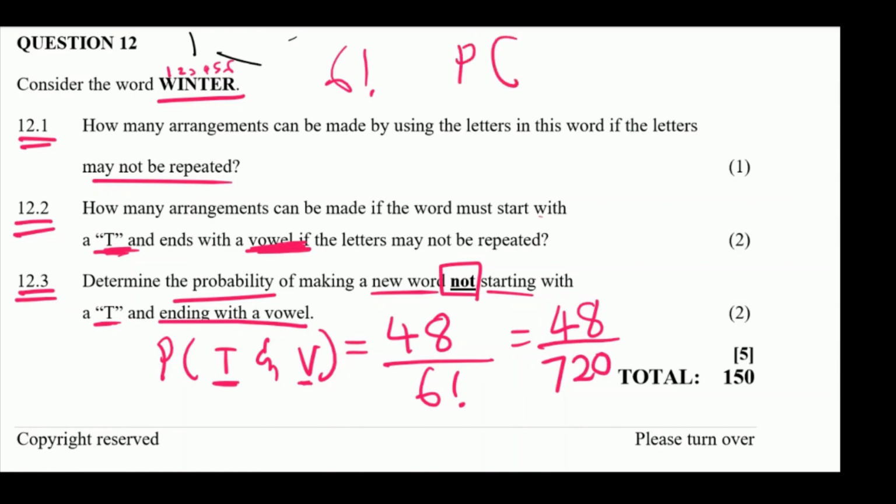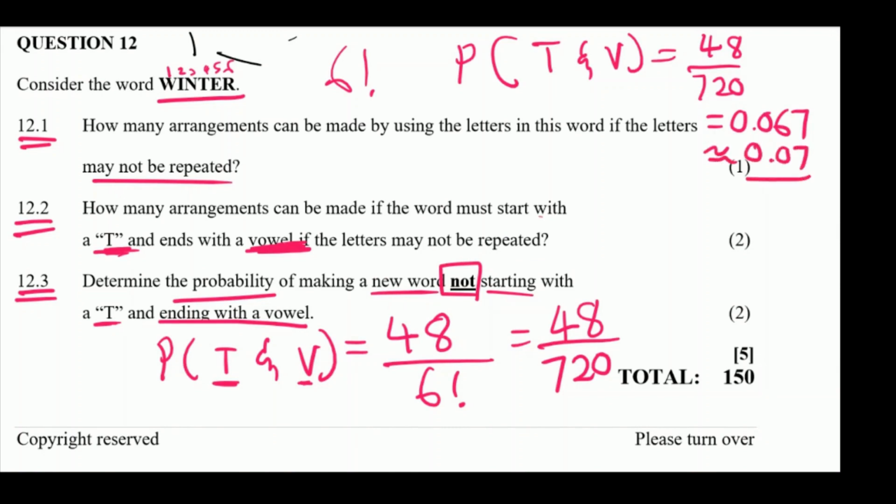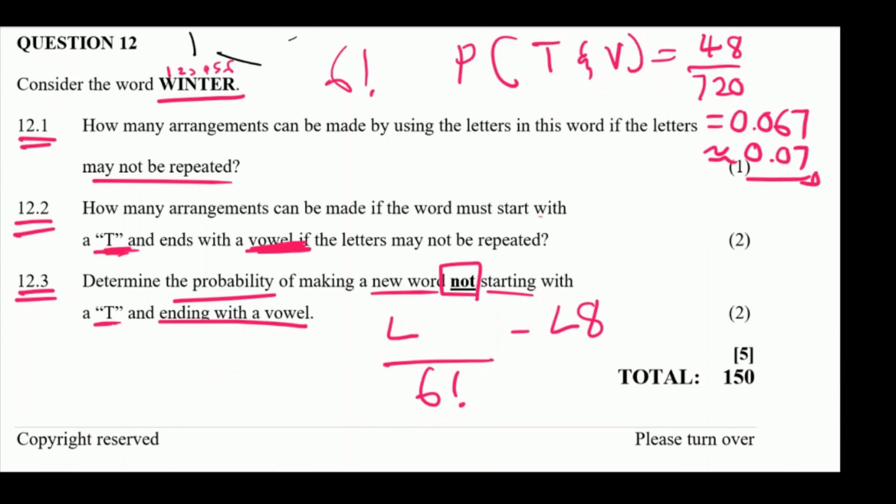So the probability that the new word starts with a T and ends with the vowel is equal to 48 over 720, which should give you 0.067, right? You can just approximate it to 0.07. So this is the probability that your letter starts with a T and ends with the vowel.